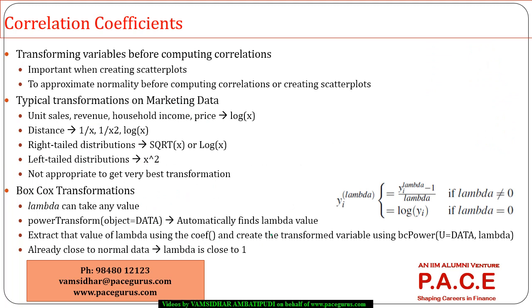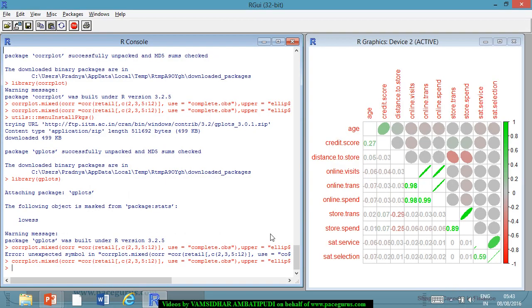Then in some cases, it might very well be essential that I may have to transform the variables, right? By default, the correlation may not be that great, but if I do the transformation of the variable, the same thing.